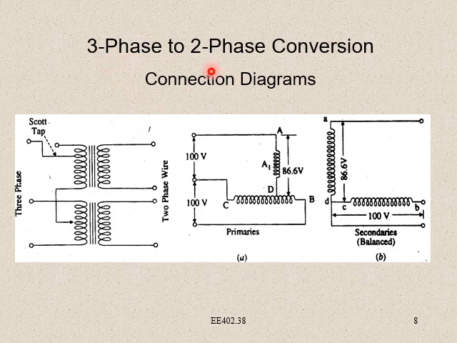So now you can see the connection diagram for three-phase to two-phase conversion. From the diagram, this is the main diagram and this is A and B. Three phases, 1, 2 and 3, and there is a tapping over here that is called the Scott tap.